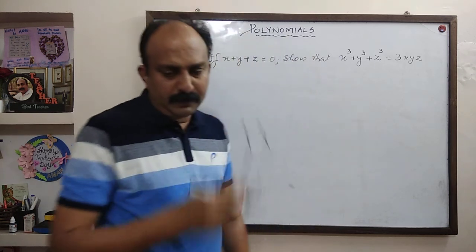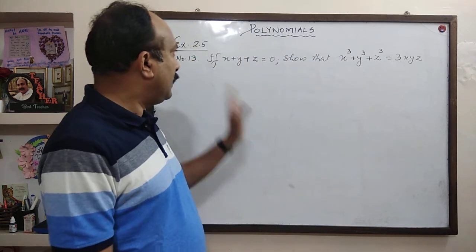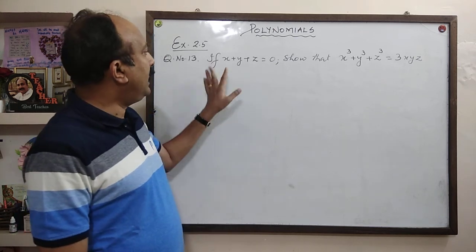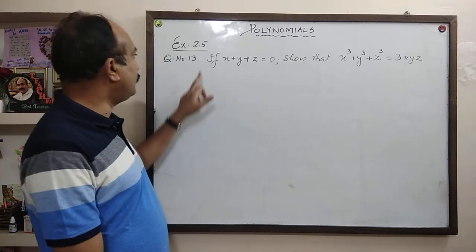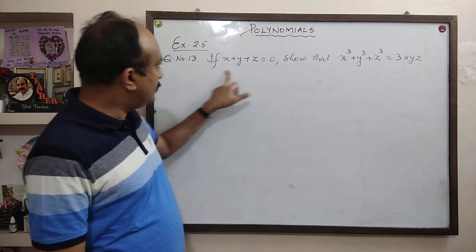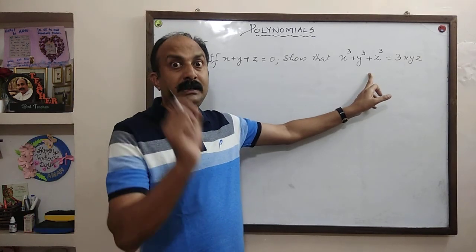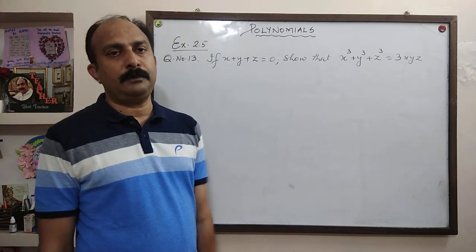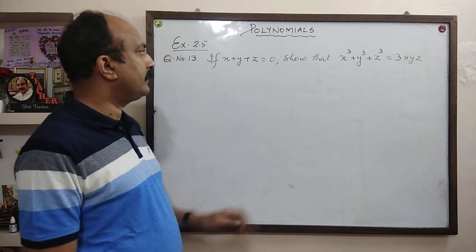I don't know whether you remember or not. While giving the identities in the beginning of this exercise, I have explained this question. Actually, this question as it is was given as an identity. Now you are asked, show, how did you get it?